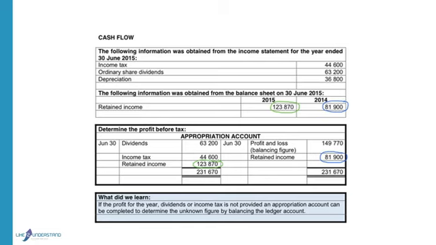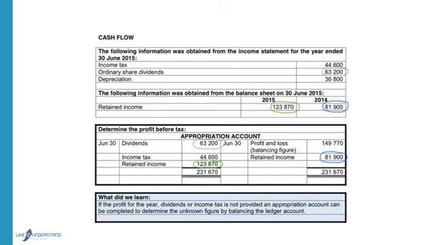And they give us the dividends as 63,200. So the dividends that are paid out of the profit will reduce the profit, and therefore the appropriation account will be debited with the 63,200. And then the income tax is 44,600.